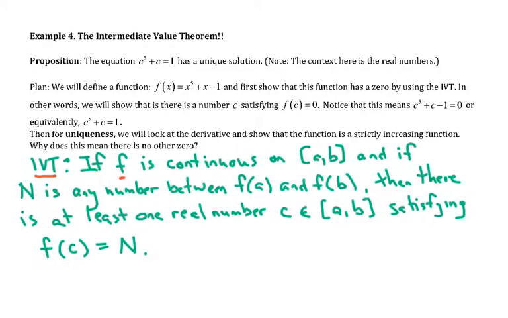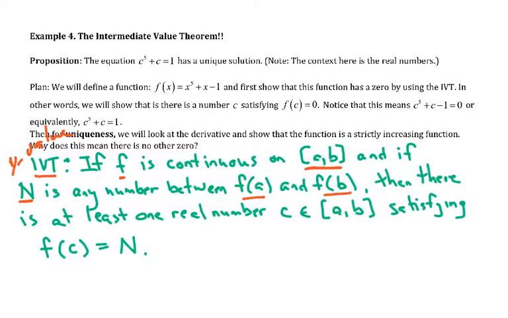First of all, your function needs to be continuous on a closed interval. N, remember, is a y value, and it's between these two y values, f of a and f of b.